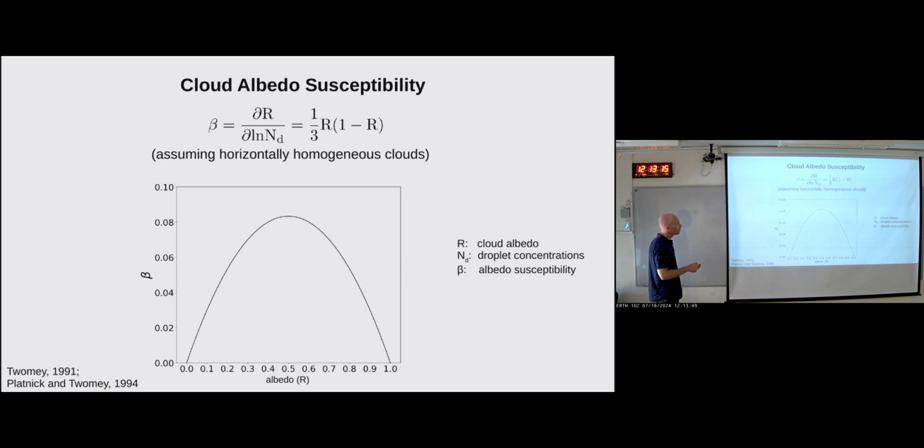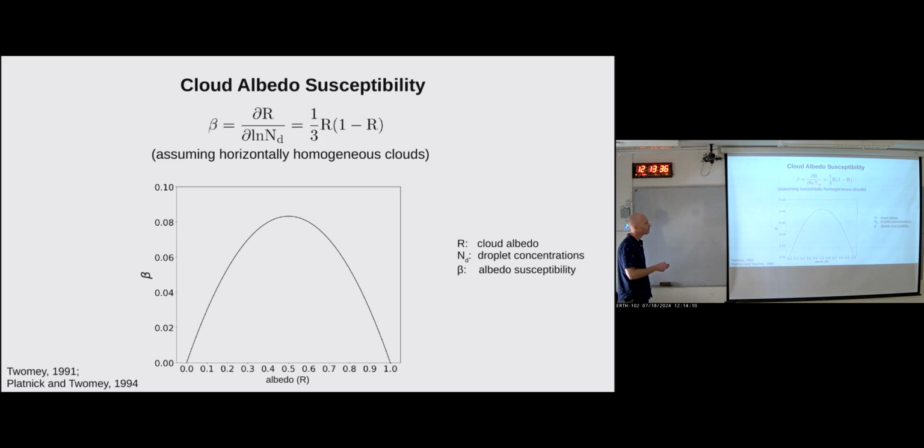So once we have the cloud albedo, we just need to assume what the change in droplet concentration is. So let's say, what is the change in droplet concentration due to anthropogenic activity? How much more aerosol, with respect to pre-industrial times, do we have today? So we have this value here. This is also a challenge, to know what this value is.